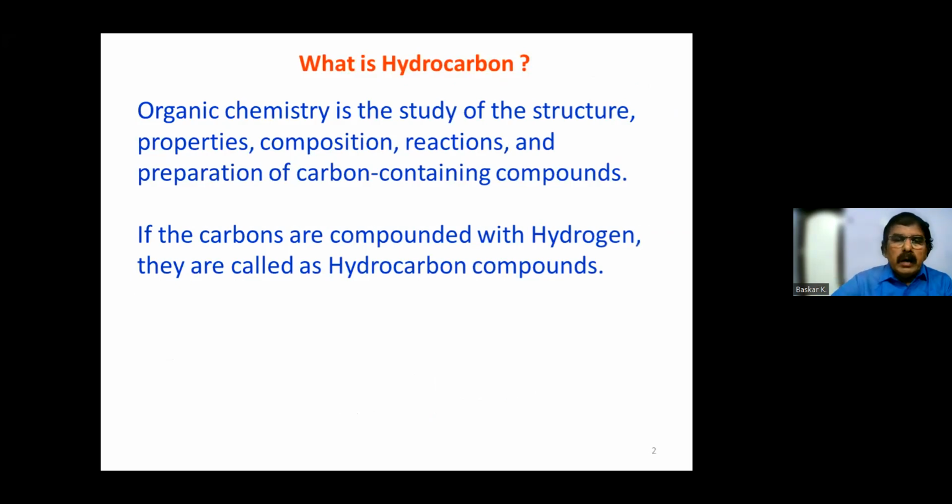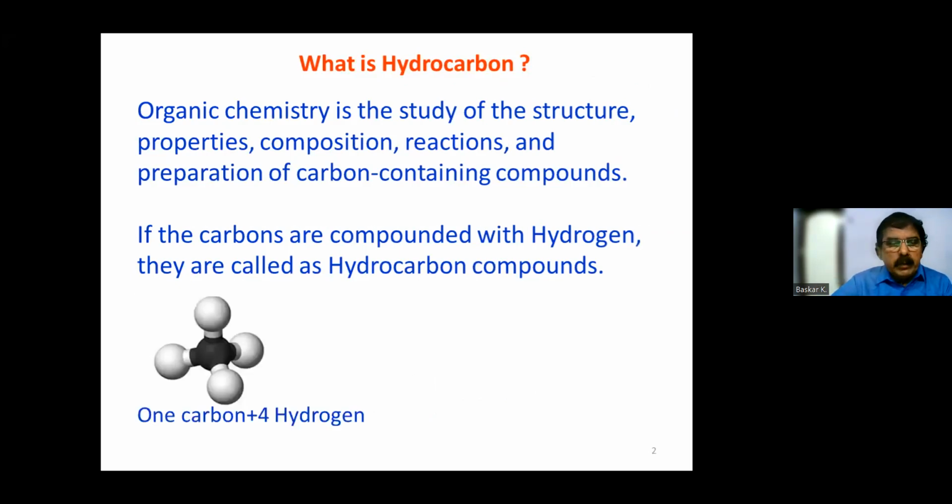Now let me give one example of a hydrocarbon compound. Here you can see a compound with 1 carbon and 4 hydrogen. Now, 4 molecules of hydrogen. Can someone give the answer in the chat box? What is this hydrocarbon called?